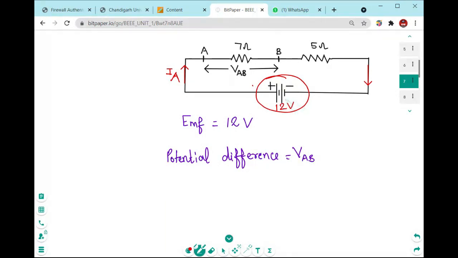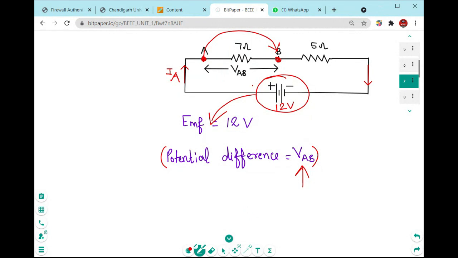Let's suppose that this is a 12-volt supply right here, and from this we can generate the EMF. And we will find the potential difference across the 2 points. Let's suppose that we are considering point A and point B, and across A to B, what is the potential difference? Clear, everyone?